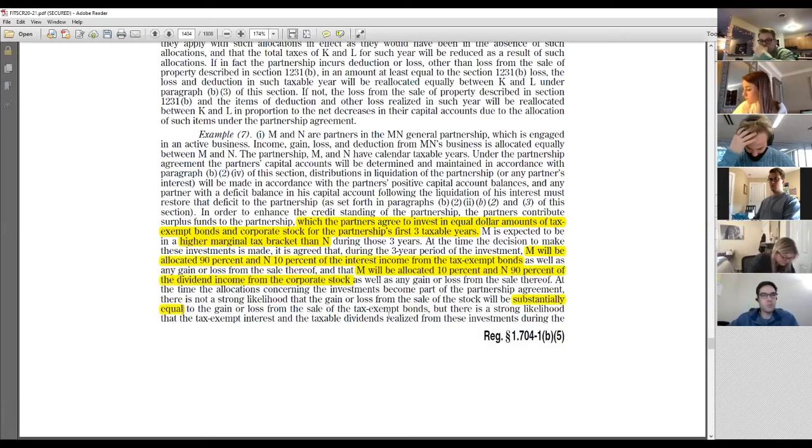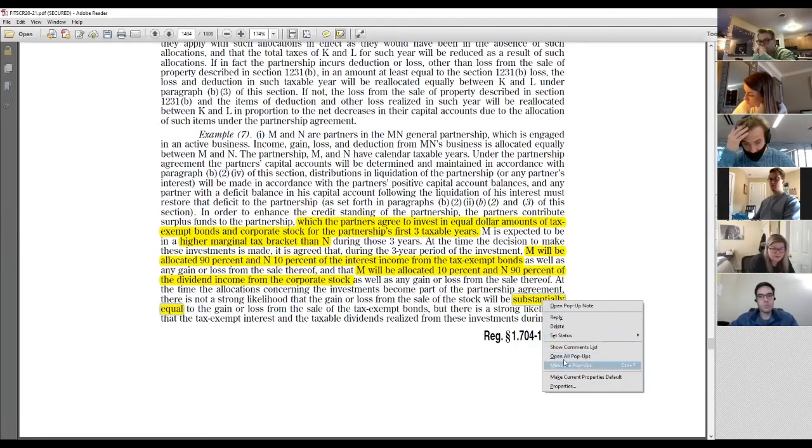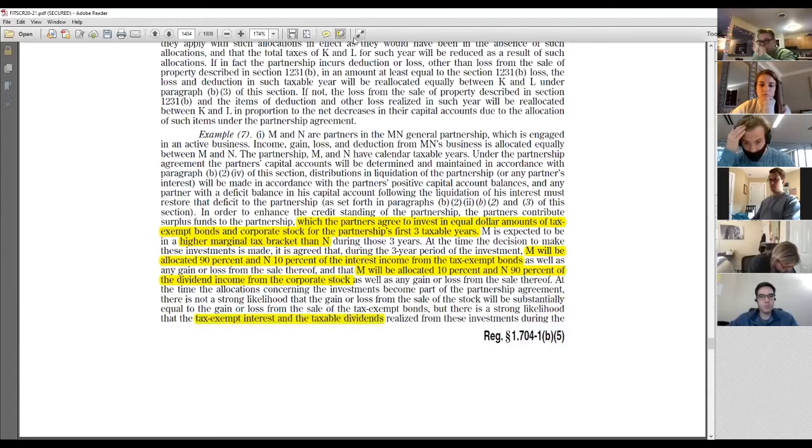Actually, I'm sorry, this is dealing with the gain. It's not the key part. This problem is saying the gains could differ, but it's this. This is the strong likelihood that the tax-exempt interest and the taxable dividends will not differ substantially.